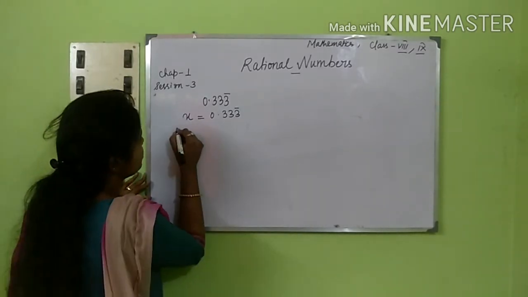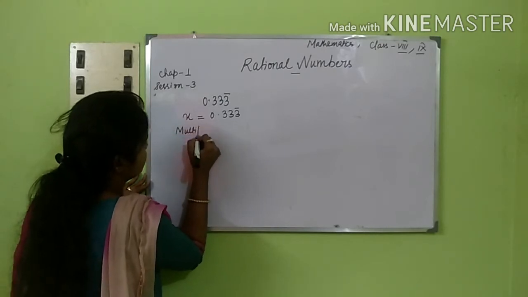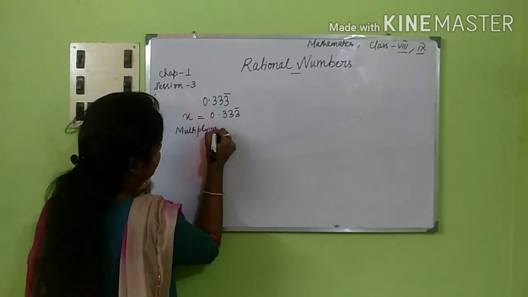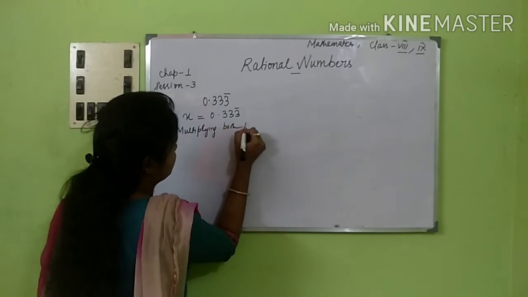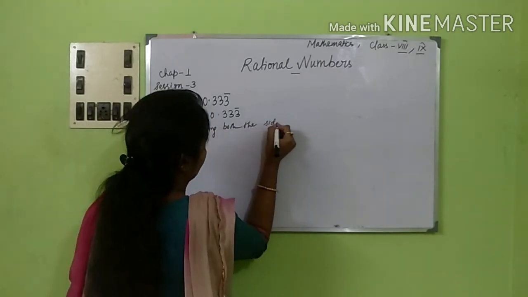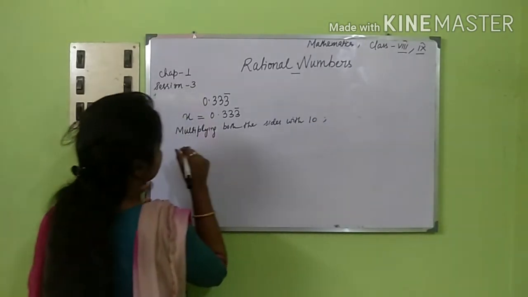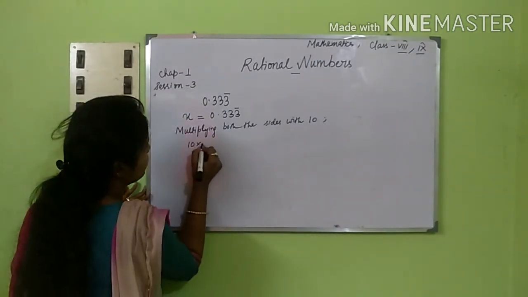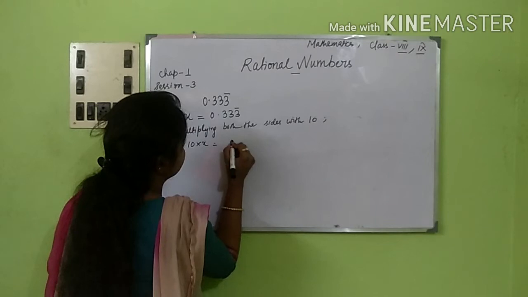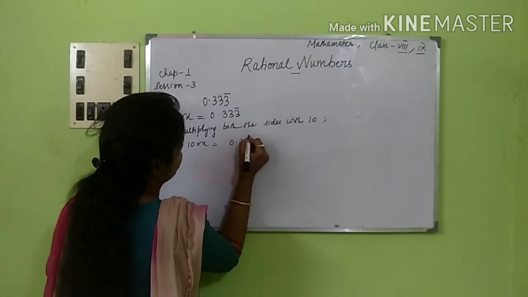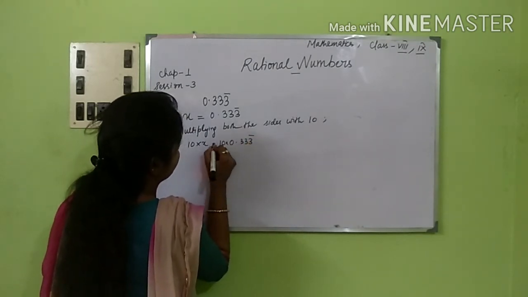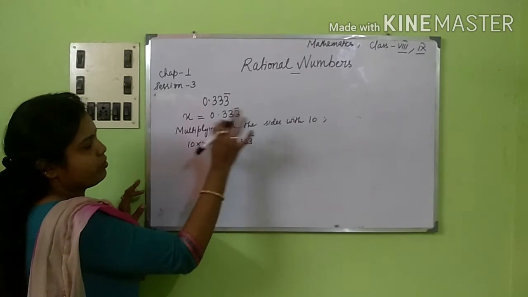Now multiply both the sides with 10. So we get 10 into x equal to 10 into 0.333 bar.